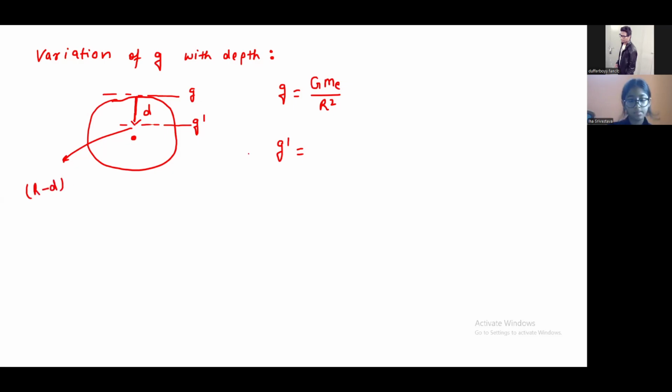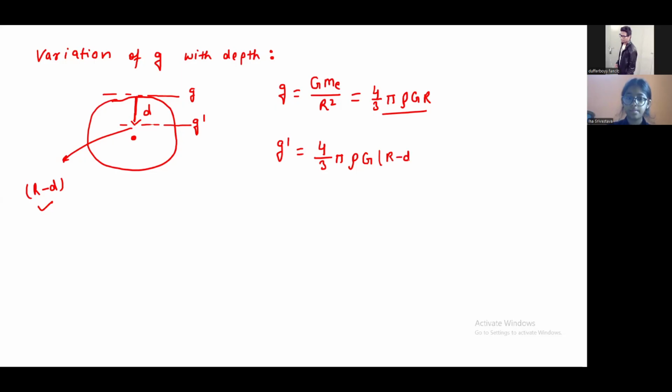Another value we also know: g dash is equal to 4 by 3 pi rho G into R. These are the two values of g, which we have already calculated. Now we use that formula to calculate g dash. We write 4 by 3 pi rho G, and R decreases because we are moving inside the earth, so we use R minus d.